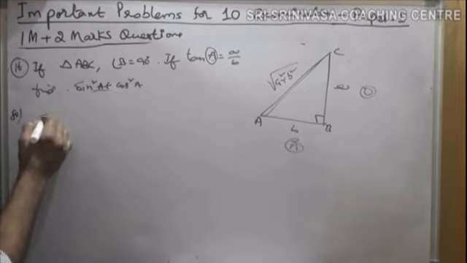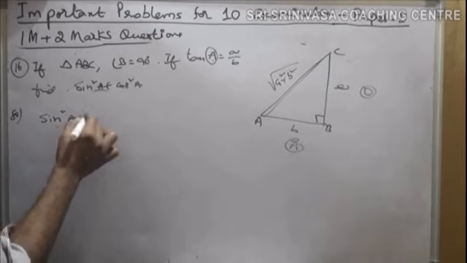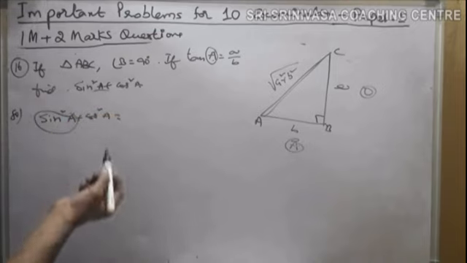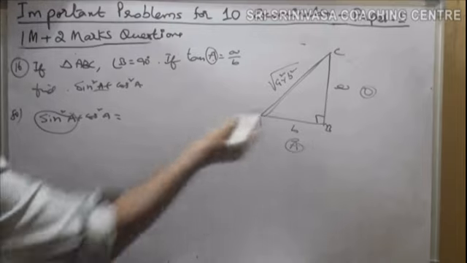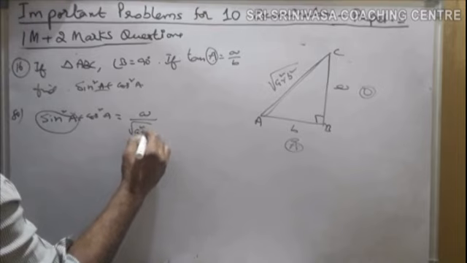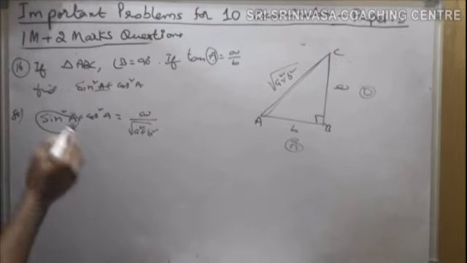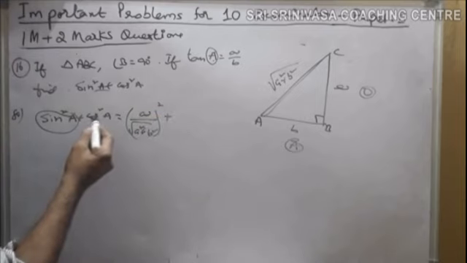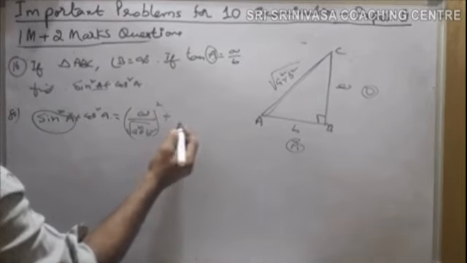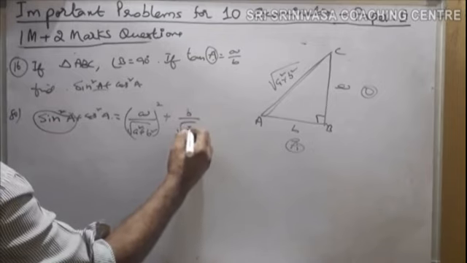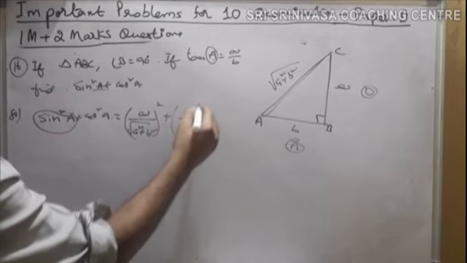My question says sin square A plus cos square A. Now here the sin A is nothing but opposite by hypotenuse. The opposite is A by hypotenuse is root of A square plus B square. This is what sin theta, but since we have square here, let me take square here. Plus cos A nothing but here adjacent by hypotenuse. So I'll get B by root of A square plus B square and whole square.